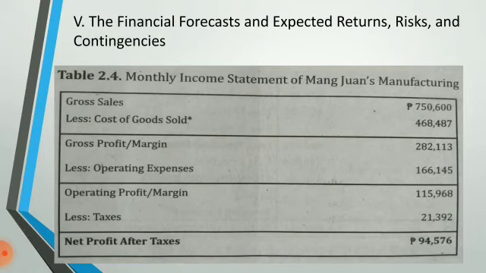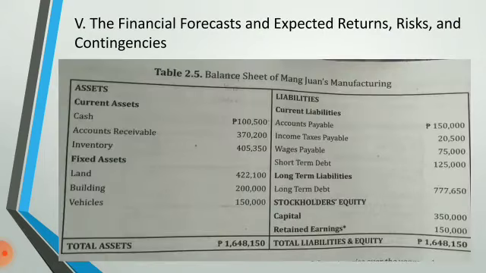Maybe you can have a yearly income statement. Now we also have here a balance sheet. This is also still a projected, like what are the things that you need. For example, for assets, you have cash, you must have accounts receivable, you might have inventory, so you might have land, building, and vehicles. So again, this is just a projection.